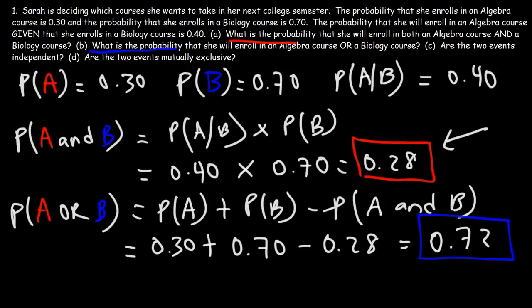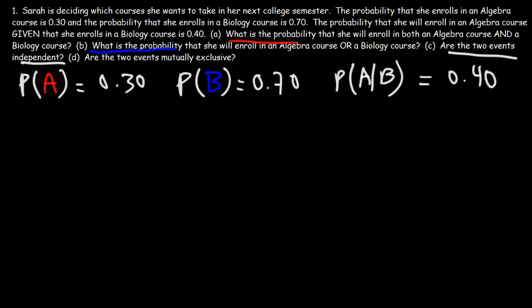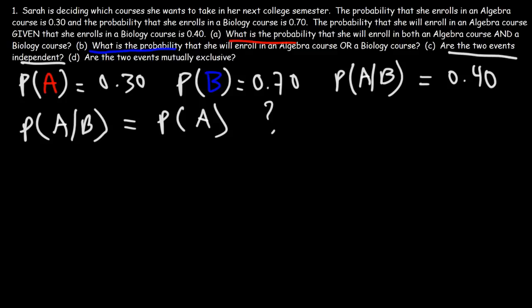Now let's move on to part C. Are the two events independent? What would you say? What are the requirements for two events to be independent? In order for events A and B to be independent, the probability of A given B must be equal to the probability of A. Are they equal?